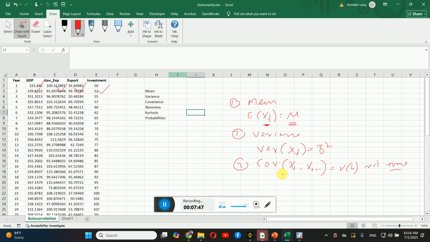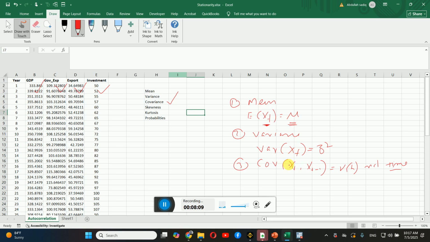So if these three conditions are met, then you can say weak stationarity is there. Now what happens, dear students, if these three conditions are not met, or if your time series data set is missing these three important statistical properties for any of the variables?